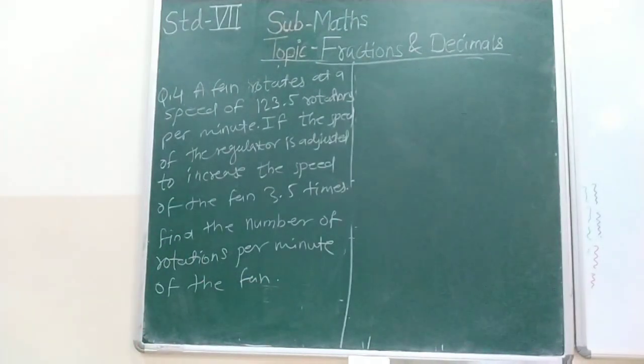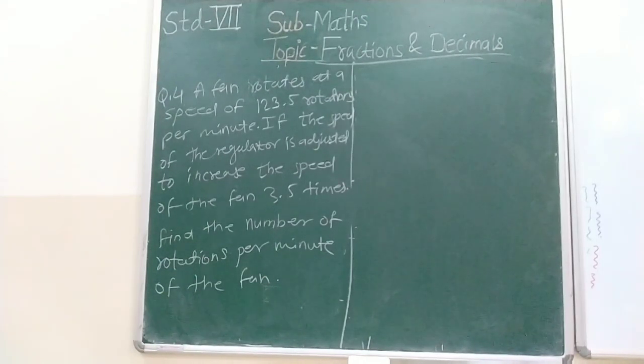What do we have to do in this question? The question is: a fan rotates at a speed of 123.5 rotations per minute. In 1 minute it rotates 123.5 times.